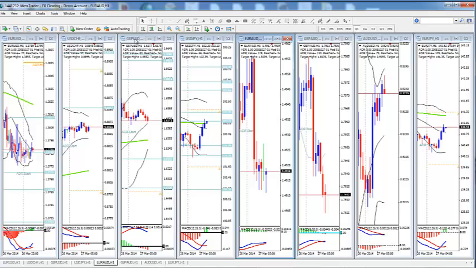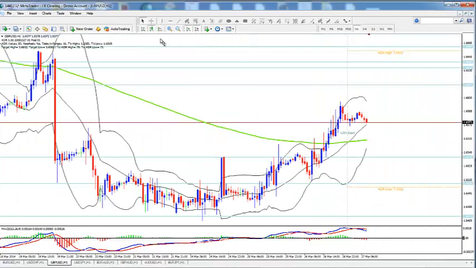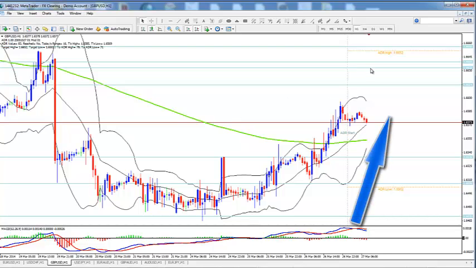I'm going to jump over here because of our time limit, and let's take a look at the pound dollar. This is the 1 hour chart on the pound dollar. It's in an uptrend. On the hourly, it's a little sideways right now. The pair moves 83 pips, just right at the edge of our average daily range that we like to trade.